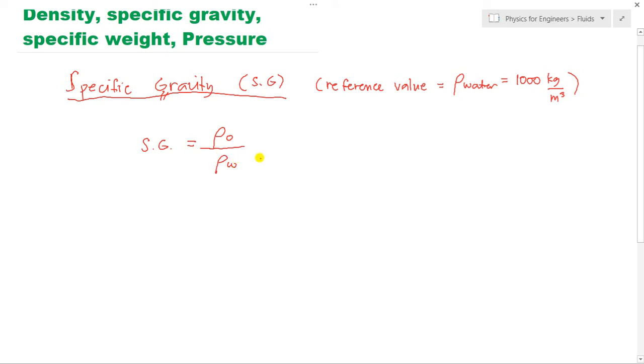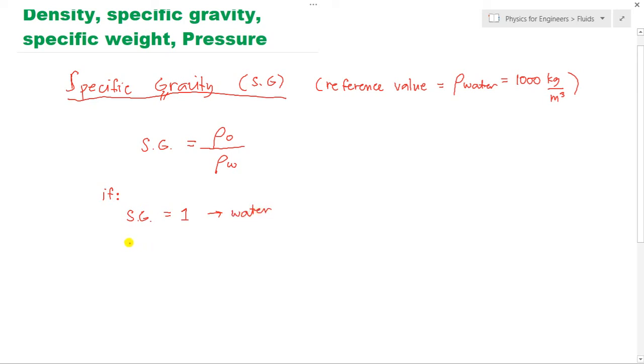So if we have a specific gravity equal to 1, what does it mean, class? Okay, that is water.